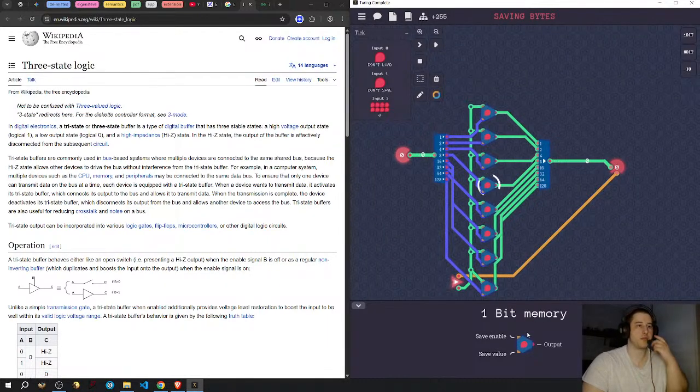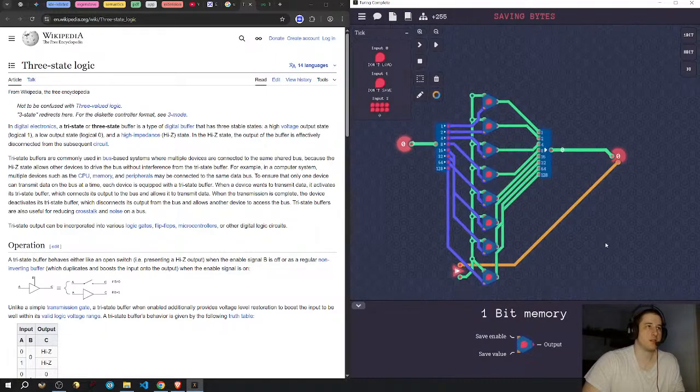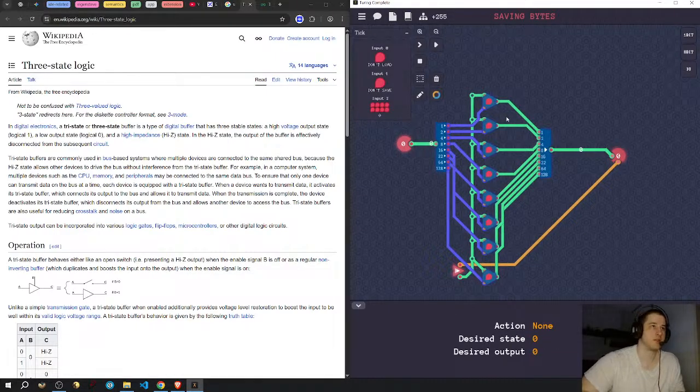So this is the memory for the saving, gracefully. Basically it becomes another gate. This is also very simple, I think. Just connecting the save input on here as the enable, I think. And the value here.